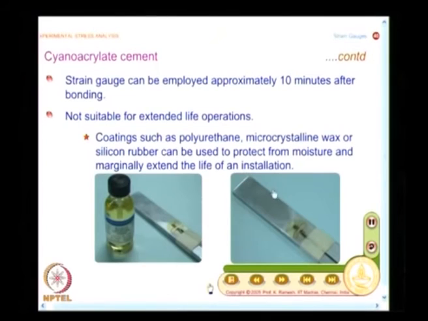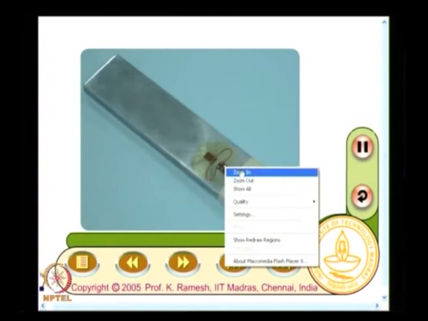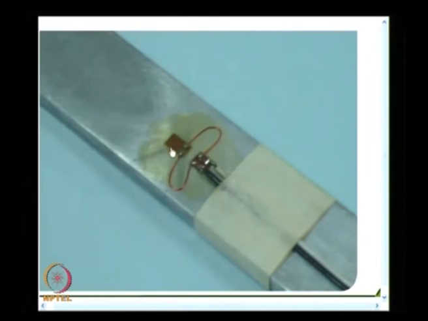And the example you see here is also good. You have a nice strain gauge installation, where I have a strain gauge. These are connected by a thin special type of wire, and these are all the connectors. It is easy for soldering, and this is the lead wire, and lead wire is also anchored.